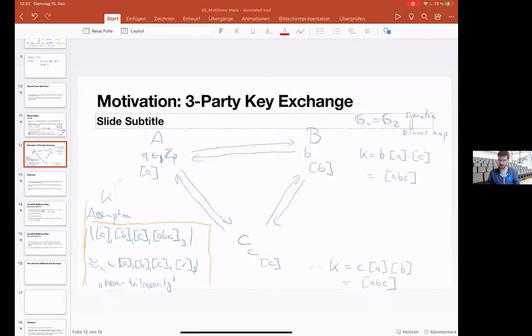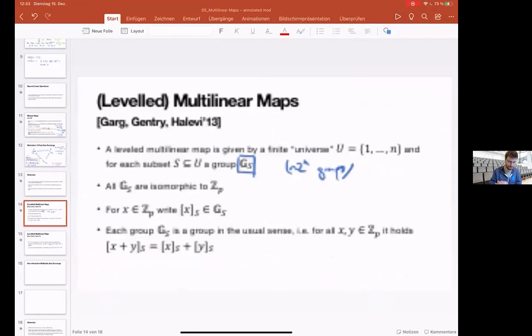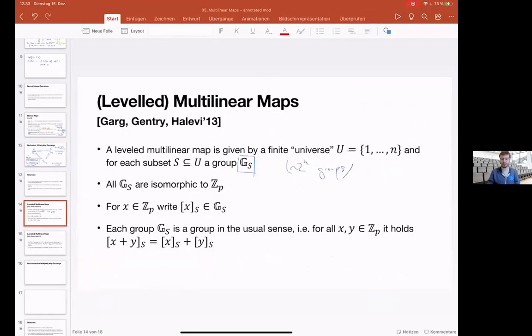This encoding of abc. Now, this was back in 2001. In 2013, there was another essentially breakthrough when the first candidates of multilinear maps were proposed by Garg, Gentry, and Halevi.